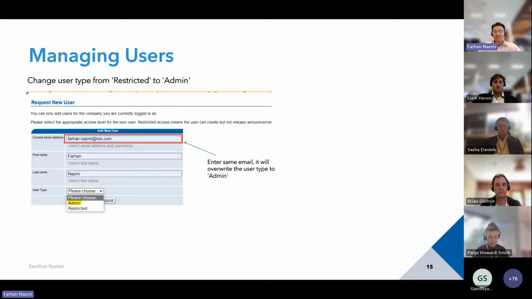Liam has to add me using the same email address, and then choose the admin type. Even though I'm using that email for restricted, it will override the user type to admin. So if I'm added as an admin with the same email, that will override my restricted account.